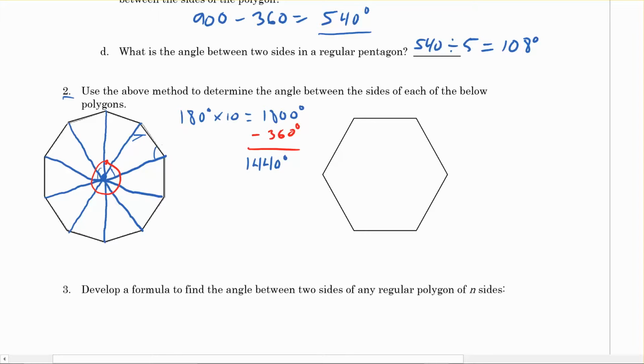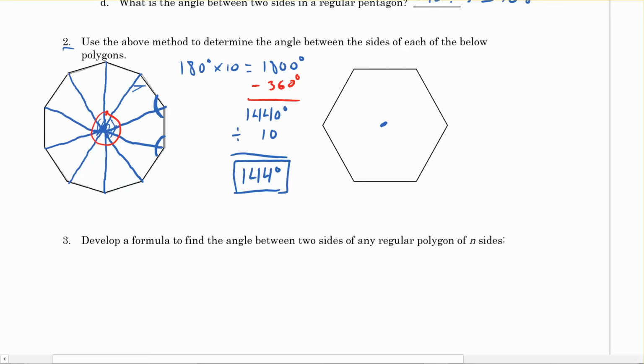So everything but these central angles. Now if I just want one of these angles, I know that there are 10 of these all the way around. So I just need to divide that by 10. So if I do that, I know that it's 144 degrees. So each one of these must be 144 degrees. Okay, so I'm going to let you guys go ahead and do this one on your own.